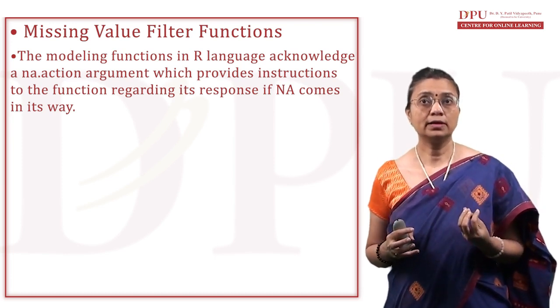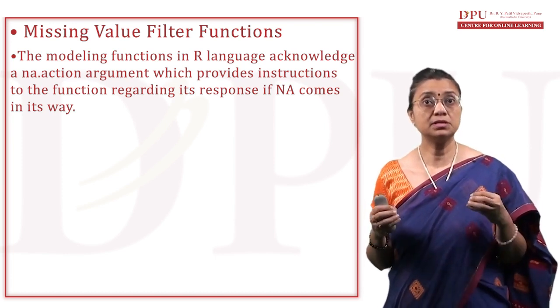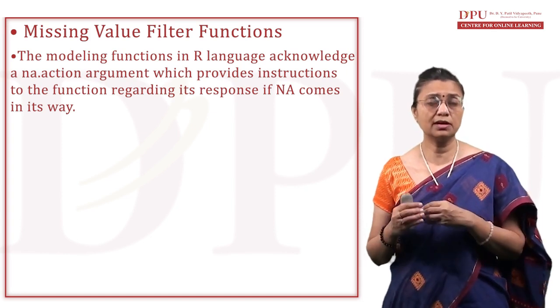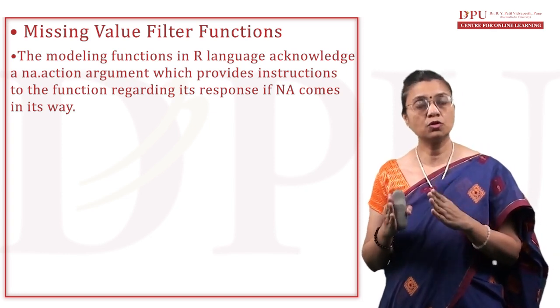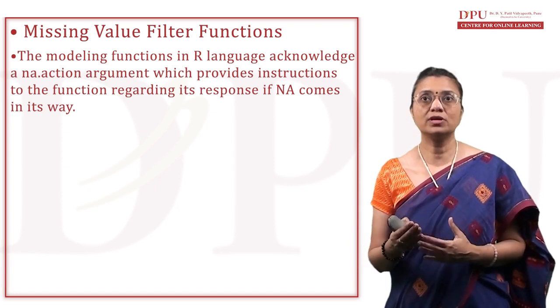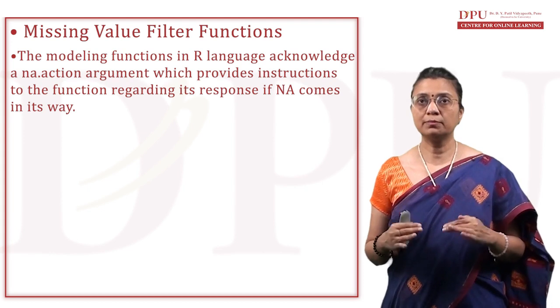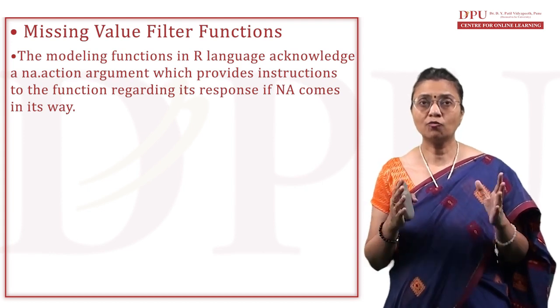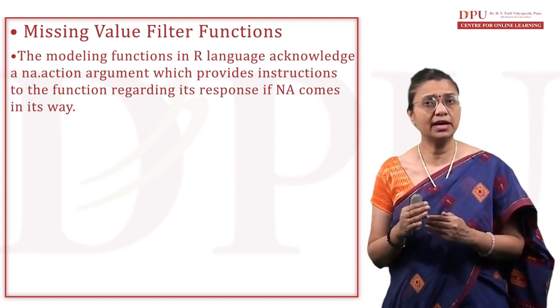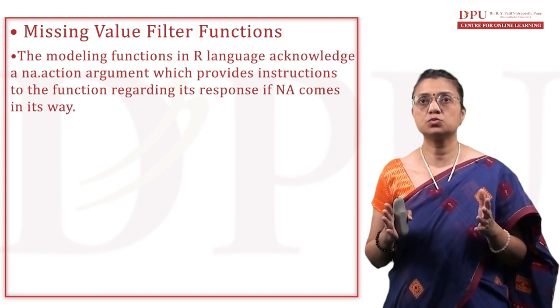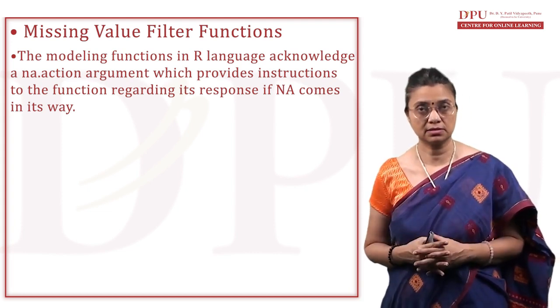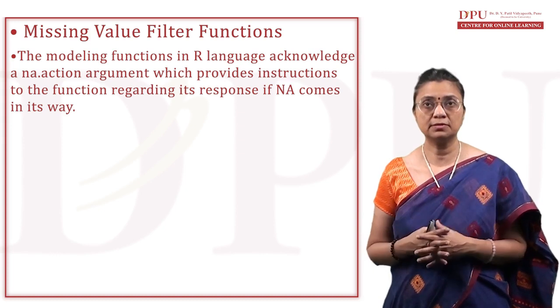That argument can provide instructions to the function: if that particular value is not there, what action do we have to perform, what should we display on the screen, what suitable message should come on the screen, or where we have to branch if such a situation arises in our data set.